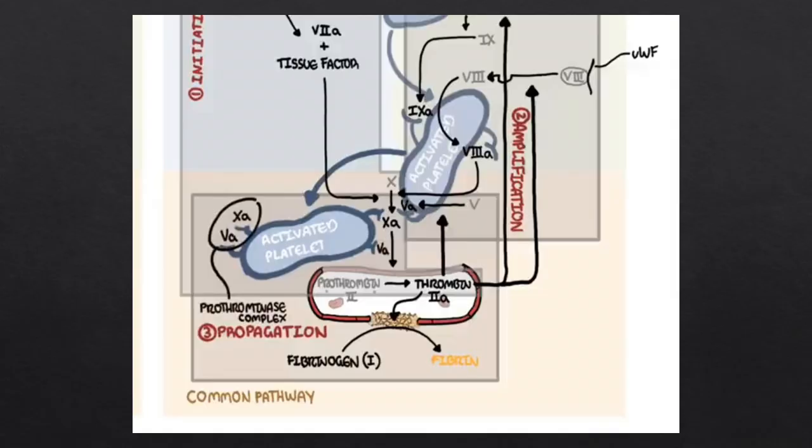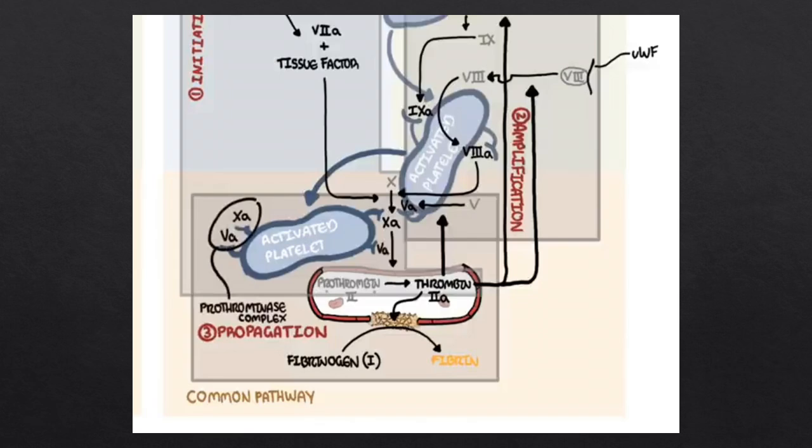So by this amplification, there is still more activation of platelets that occurs in the clotting pathway. So these activated platelets get attracted to factor 10A, which then combines with factor 5A, okay, and then forms a prothrombinase complex, which further induces conversion of prothrombin to thrombin.